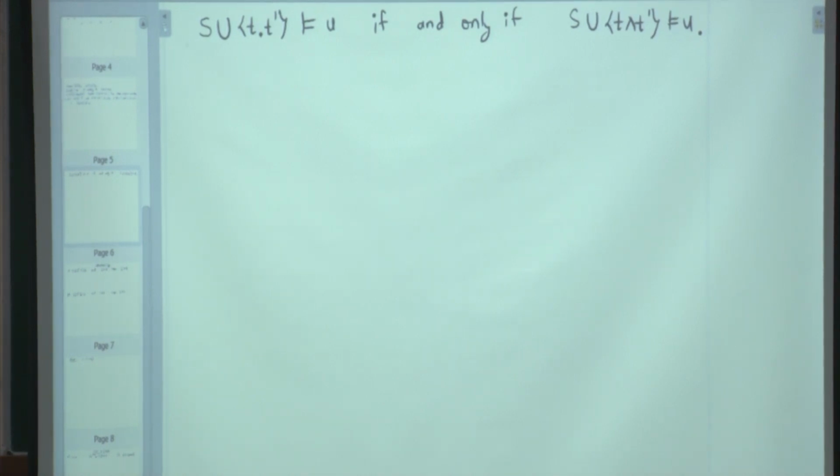So V of S union {T, T prime}, let me write that. V of S union {T, T prime} is true if and only if T and T prime are both true. What is the test for that? That T conjunction T prime is true. So V of S union {T conjunction T prime} is true.